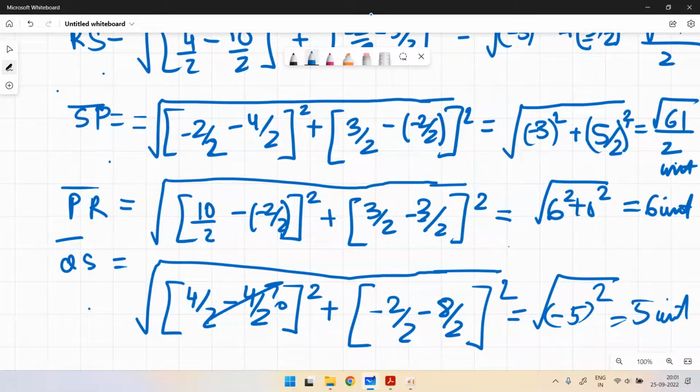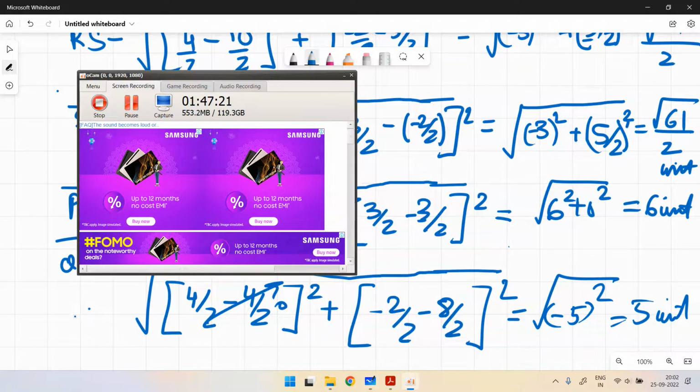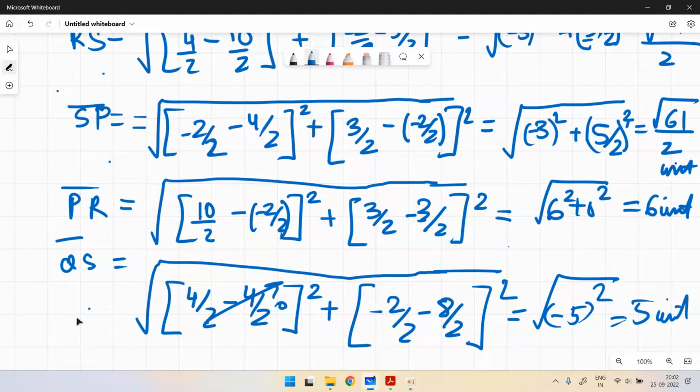Since you know that all the sides are equal, but diagonals are not equal, so now we know that since these two diagonals are not equal and all sides are equal, this is a rhombus. Why?